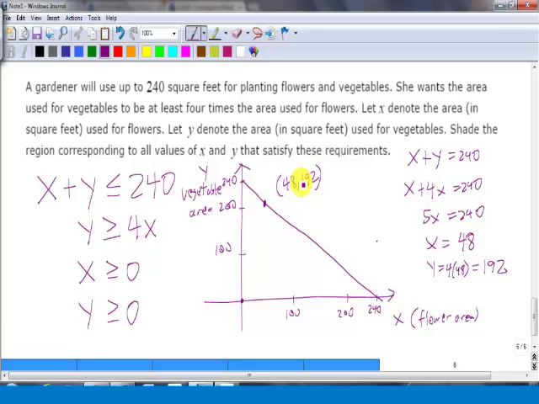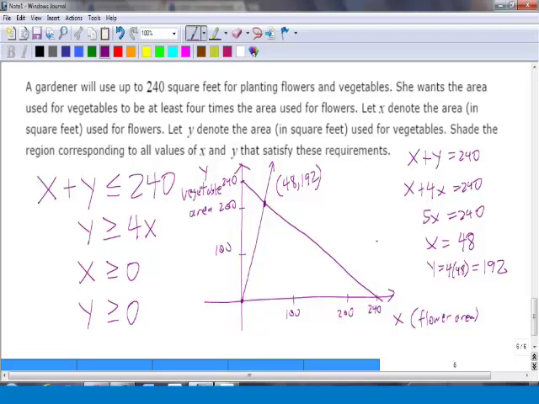Has anyone completed this problem successfully? Yeah, this is a lot going on here. All right, so connect these dots with a solid line. And then x greater than or equal to 0 means it's going to be to the right of the y-axis.